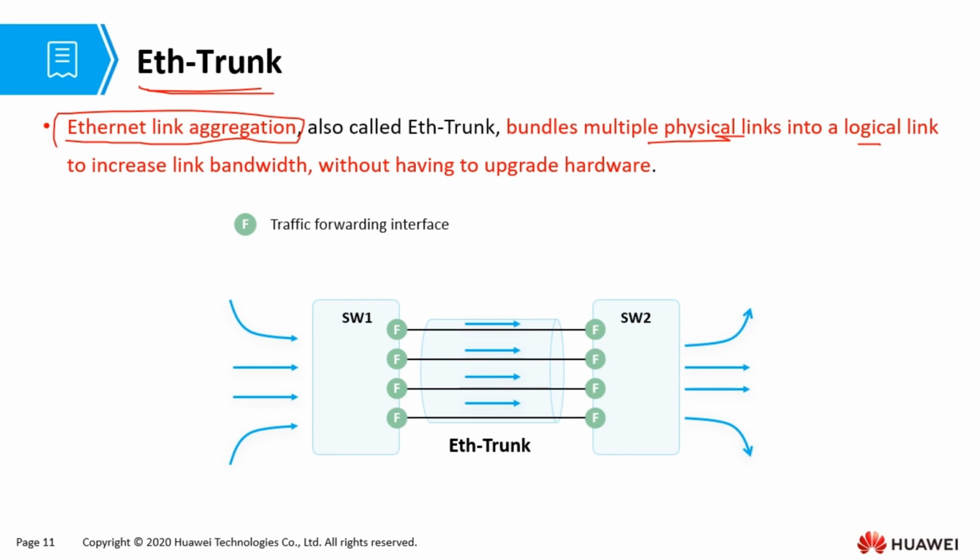At the same time, it increases your link bandwidth without you having to upgrade your hardware. Physically, they are still separate links, but logically you bundle them under one Eth Trunk link.